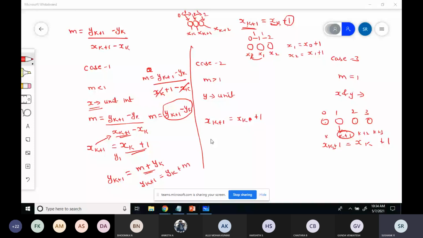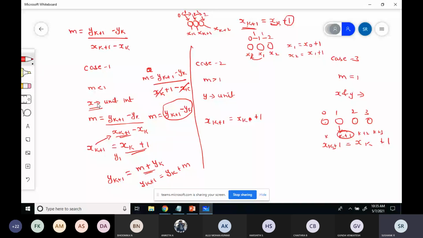So that means whenever you are moving x in unit interval, the value of y will change with the value of the slope. So this is one equation.